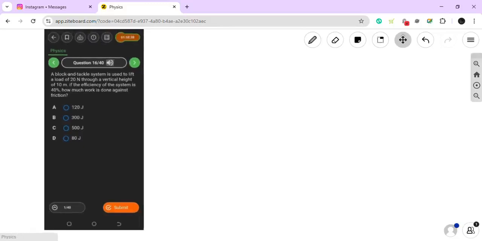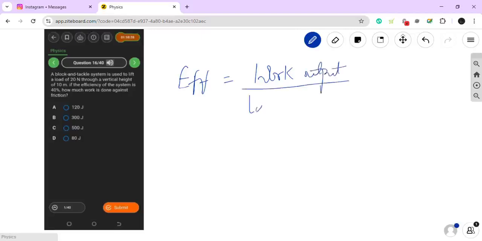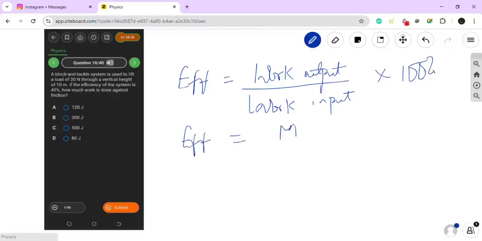They say if the efficiency, okay, so they are dealing with efficiency. The formula for efficiency normally is work output over work input times 100%, right? In another way, you can see them saying mechanical advantage, MA, over velocity ratio, VR, times 100%. It's still the same thing.